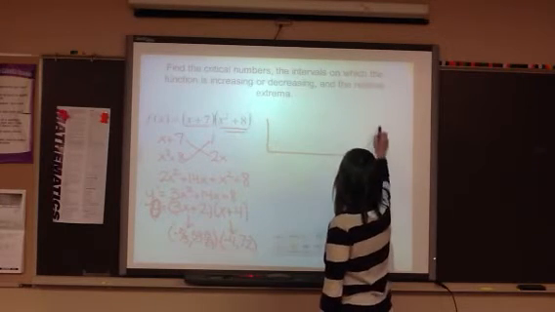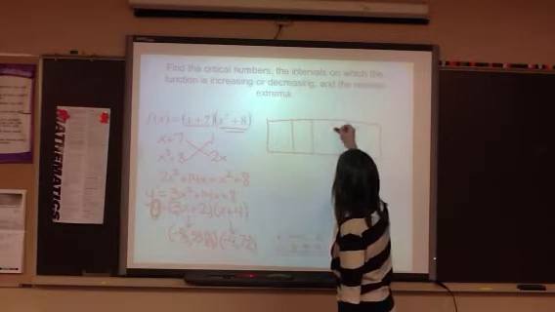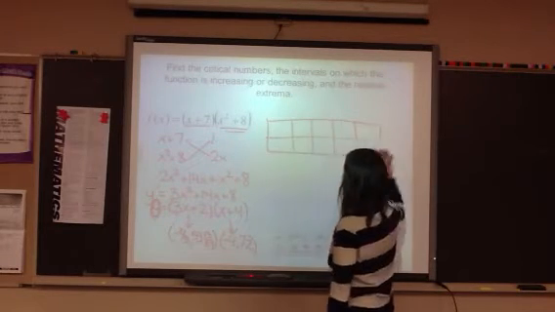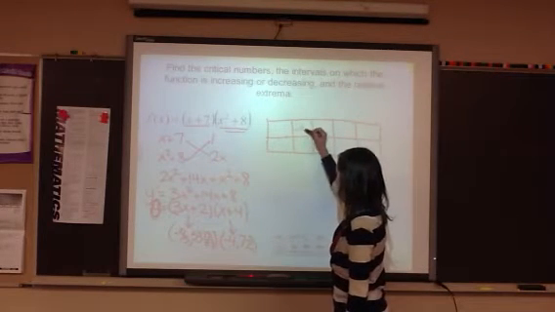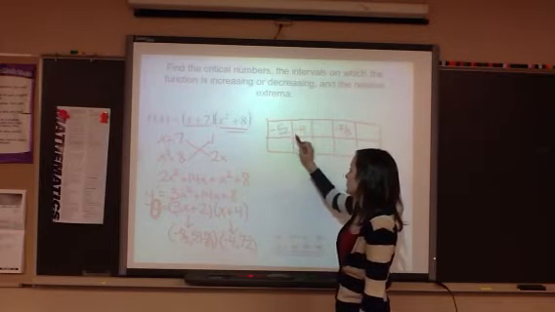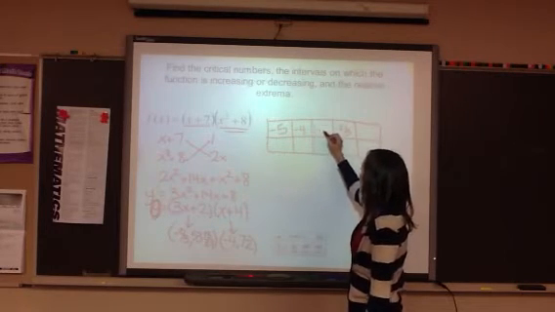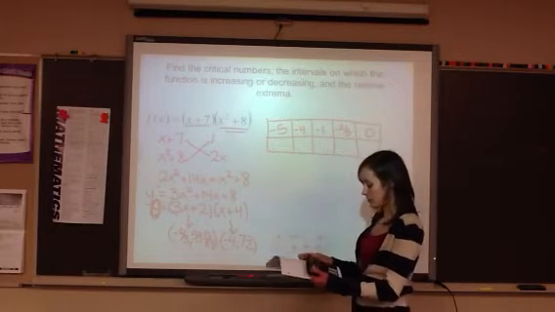So we have to do a chart again, and this time our chart has 5 little boxes because we have 2 critical numbers. Negative 4 comes before negative 2/3. Negative 5 comes before negative 4. Negative 1 is between those two. And 0 comes after negative 2/3.